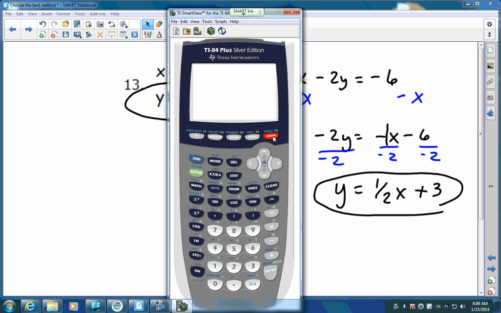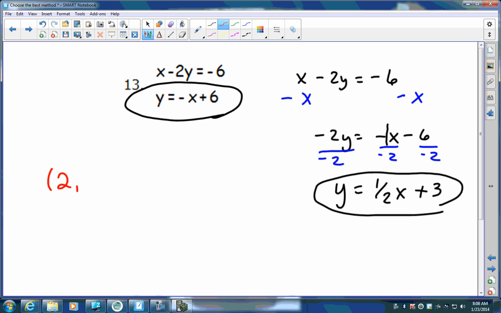Second graph. Oh, it is in there. Anybody see it? It's the same one, isn't it? Isn't that what the last one was? 2, 4? Same thing. 2, 4. You could find this answer by substitution, or I'm just trying to point out that you can solve for y and find it that way in the calculator if you're able to solve for y.